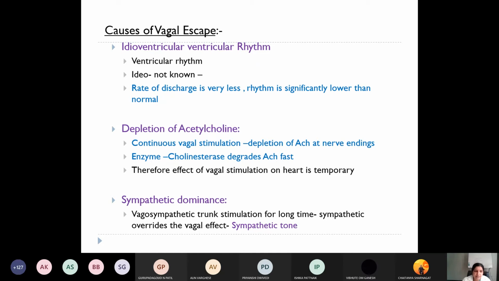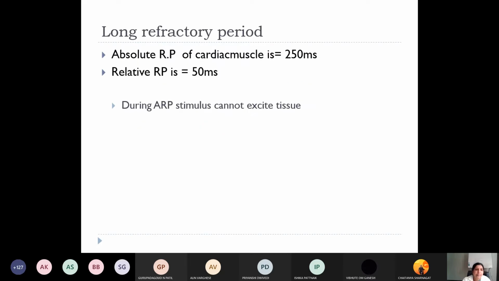So I will repeat: idioventricular rhythm, depletion of acetylcholine or sympathetic dominance may be the cause for resuming of cardiac beating, right? Now, okay, this is long refractory period. See, this long refractory period, vagal escape and that first extrasystole, all are interrelated properties.